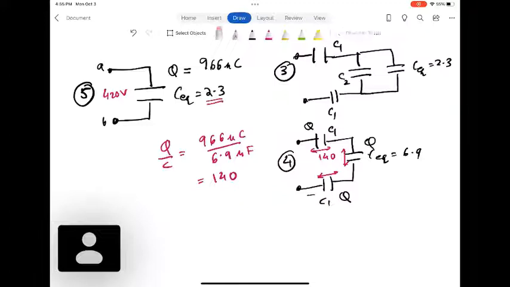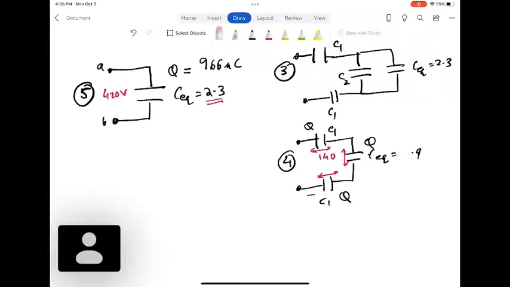All right. So we found the potential difference across all the capacitors in diagram 4. That means we have fully solved diagram 4. We have the capacitance, potential differences, and charges of all the capacitors in diagram 4. Now let's move over to diagram 3.